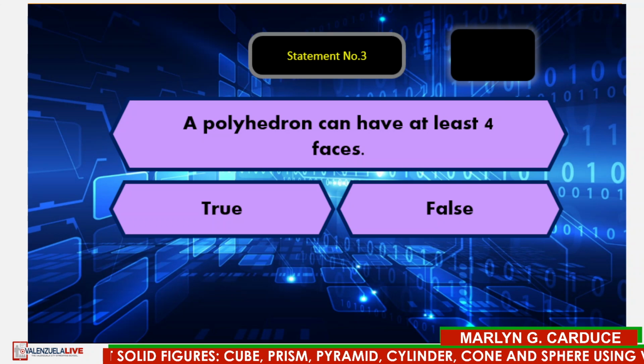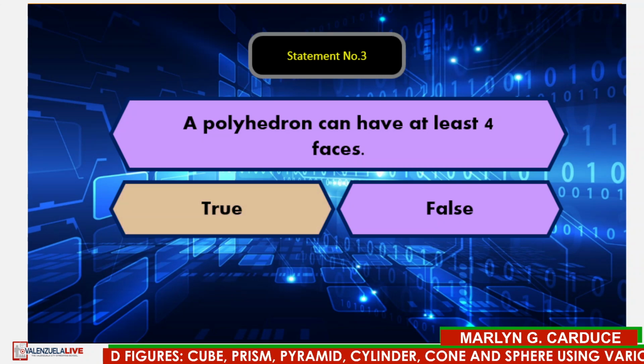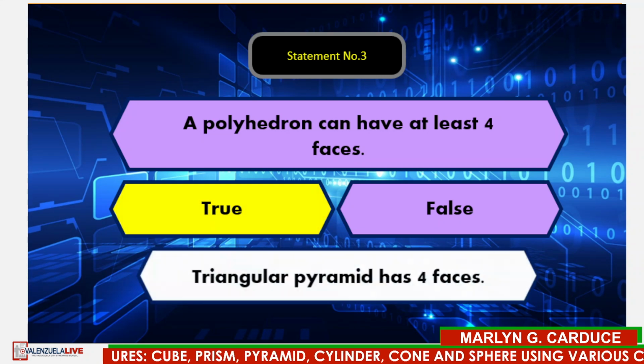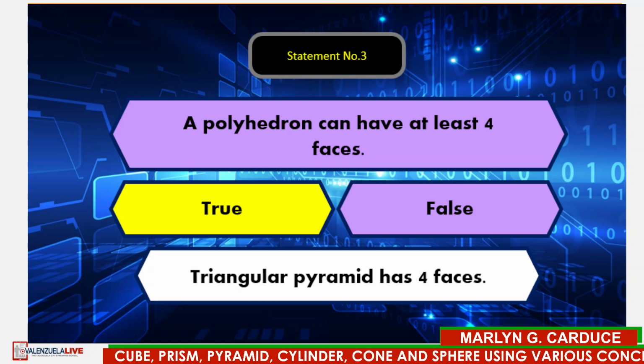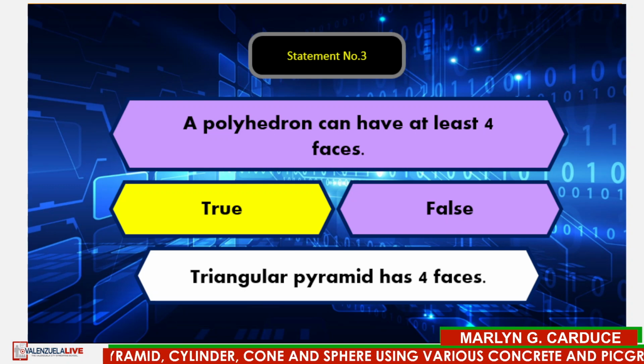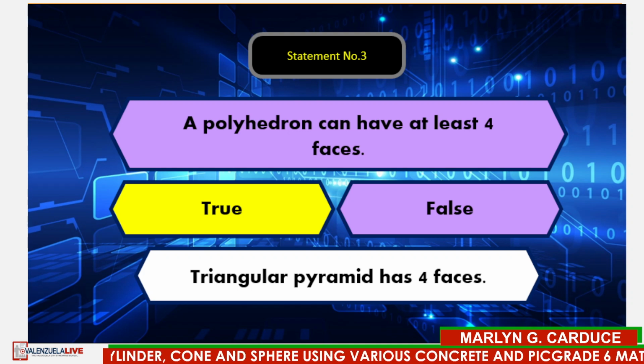Okay, time's up. The correct answer is true. So an example for this is a triangular pyramid that has 4 faces. And each face is a plane figure that is a triangle.